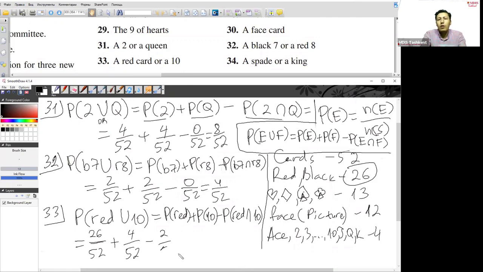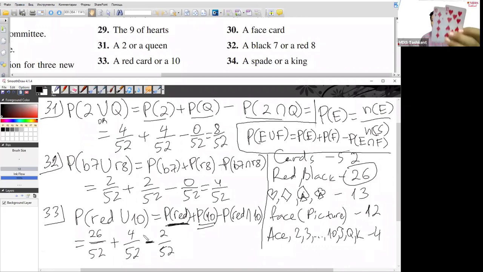Understand? Why are we subtracting it? Why is there a minus? Because we are counting these 2 cards twice. When you count red cards, we have 26 cards, including these 2. And when you count tens, again we are writing 4, including these 2 again.